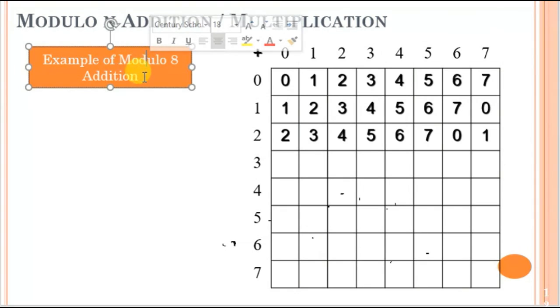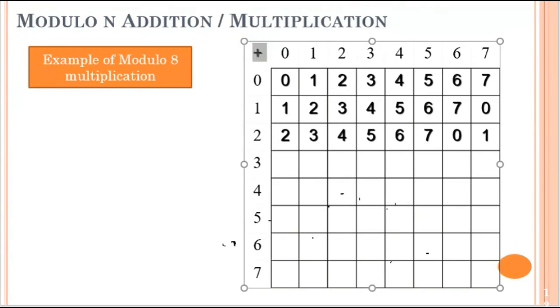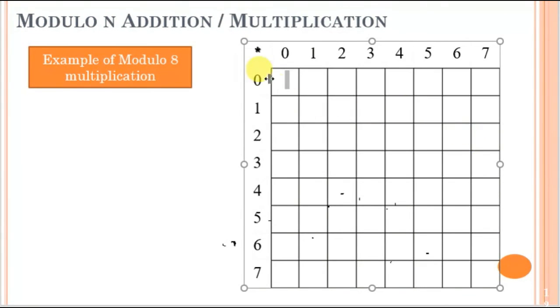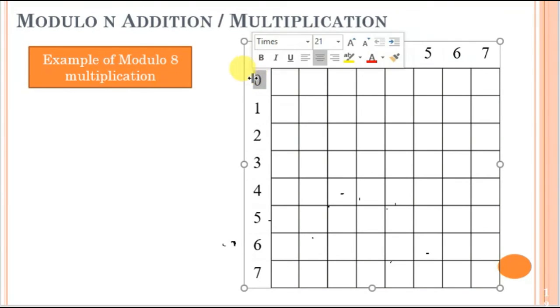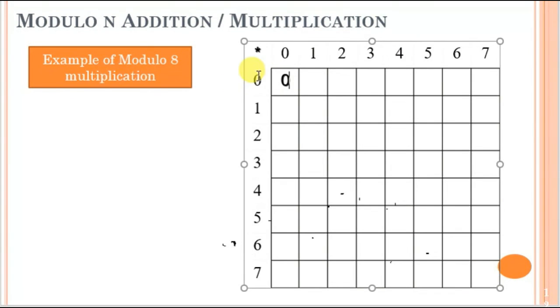Similarly, if it is modulo 8 addition and we are calculating multiplication, then this plus symbol is converted into a multiplication, and all these values are also changed. How? 0 into 0, 0 into 1, 0 into 2, and similarly all 0s.